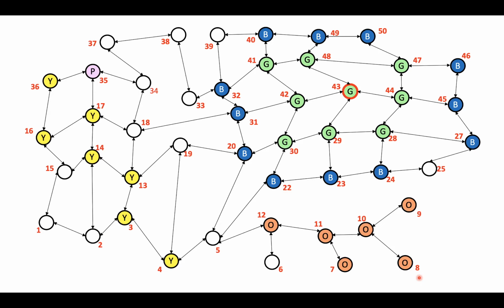To describe the spatial operators, let's consider a simple graph, as you can see here in the slide, where the color of the node corresponds to an atomic proposition that is satisfied by that node.